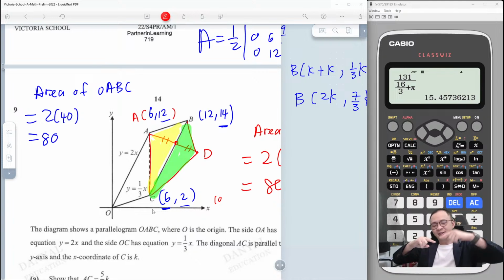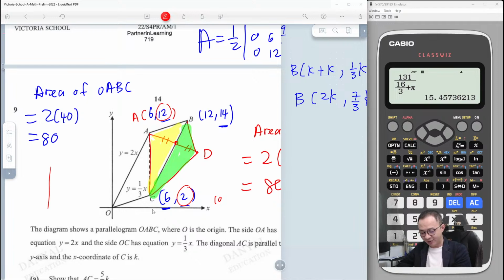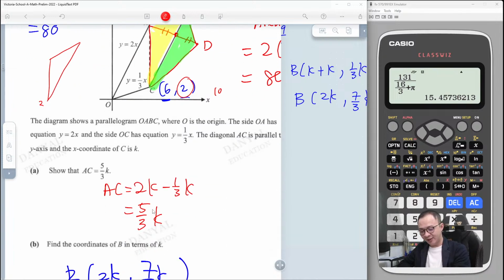The vertical, we see the change in y, isn't it? Why not 2 to 12? Because I'm finding the length of the triangle, isn't it? Because here the y is 2, right? Then here is 12, isn't it?